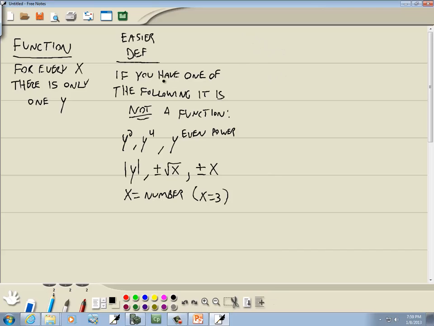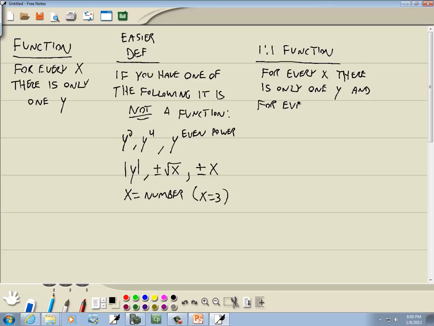Now this just covers the function part. We have a one-to-one function. And this says for every x there's only one y, and for every y there's only one x.